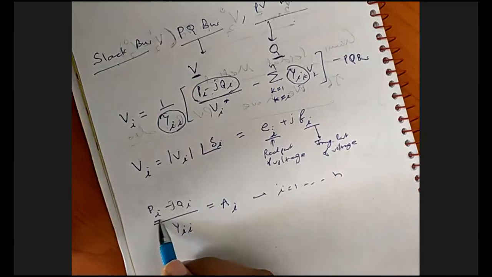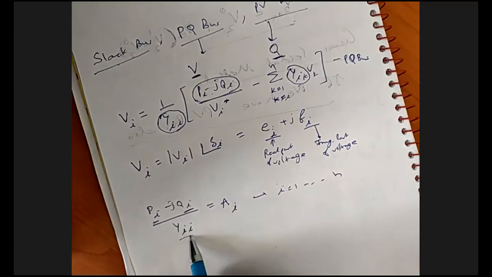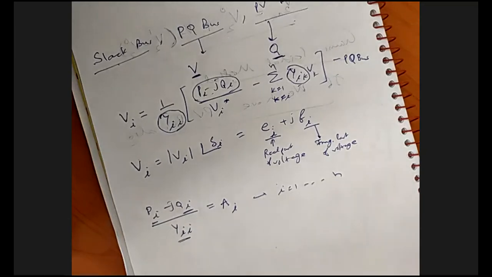Because for these buses Pi is constant, Qi is constant, and Yii is constant, we define a term Ai, that is Pi minus jQi divided by Yii.